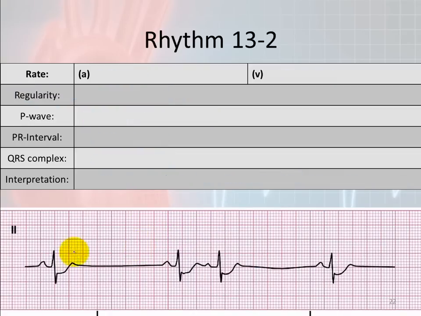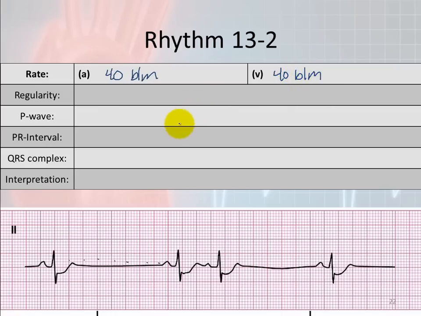The next one we have here, wow, this looks really slow. So we're going to look at this and see the atrial rate, 300, 150, 100, 75, 60, 54. Ooh, wow, that's like less than 40. So we're just going to call it 40 beats per minute. The ventricular rate is 40 beats per minute.